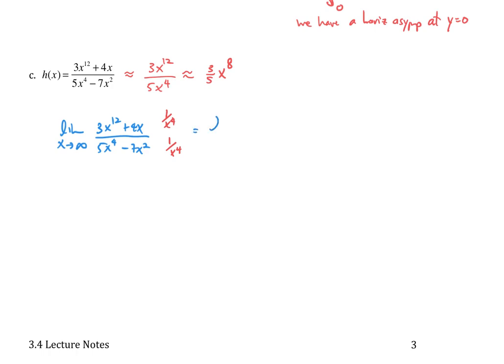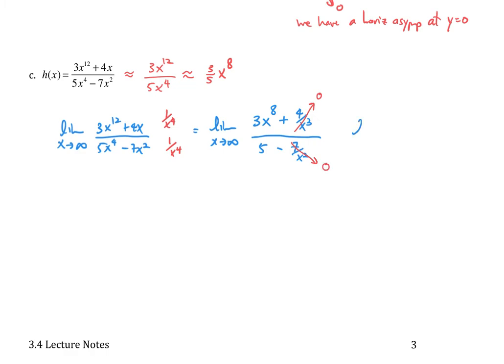After I distribute, I get the limit as x goes to infinity of 3x to the 8th power plus 4 over x cubed in the numerator. In the denominator, I get 5 minus 7 over x squared. When I take the limit as x goes to infinity, the 4 over x cubed goes to 0, and the 7 over x squared goes to 0.